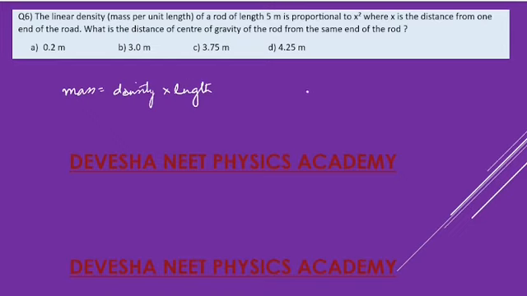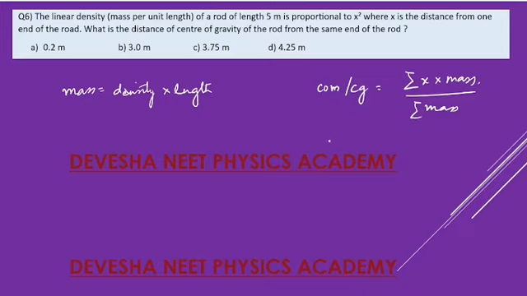Now what is COM or CG? It's equal to summation of x1 m1 plus x2 m2 and so on, x into mass, divided by the total mass.